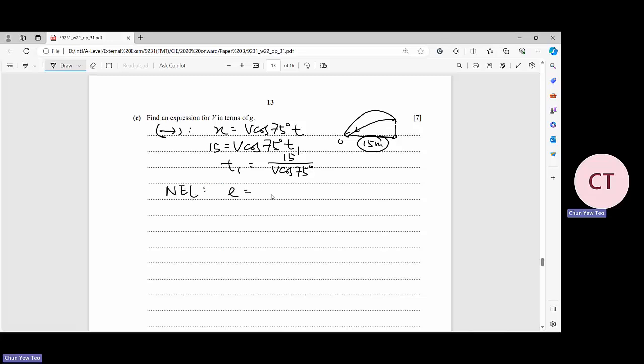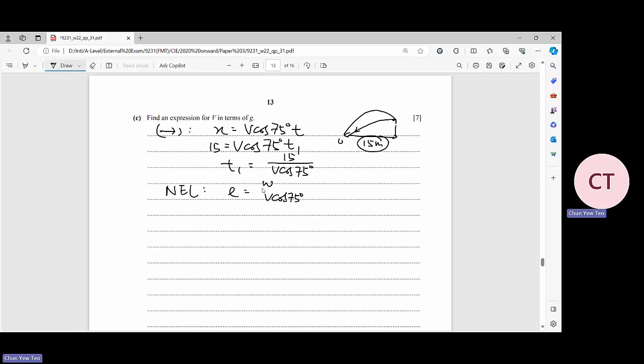We have E equals to W over V cos 75 degree. I cannot use V anymore because the V is already involved in the given question. The question already gives you the V for the velocity.